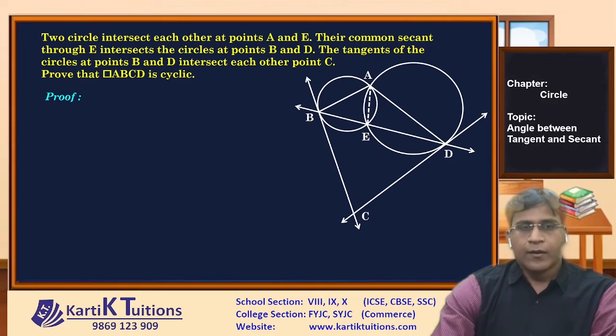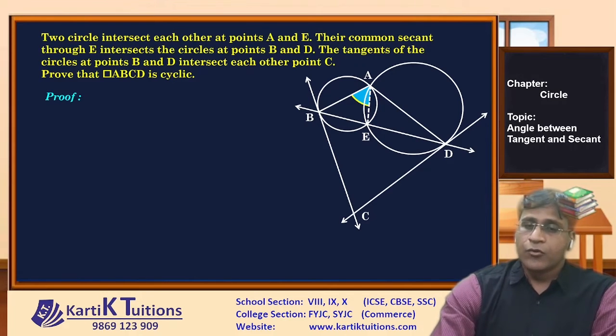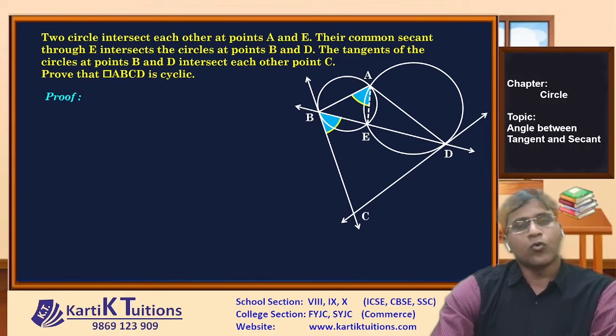Now observe the figure. If I talk about angle BAE, now BAE is your inscribed angle and its intercepted arc is BE. Same way, if I talk about angle EBC, it is an angle between tangent and secant, and its intercepted arc is BE. So in other words, these two angles are congruent.